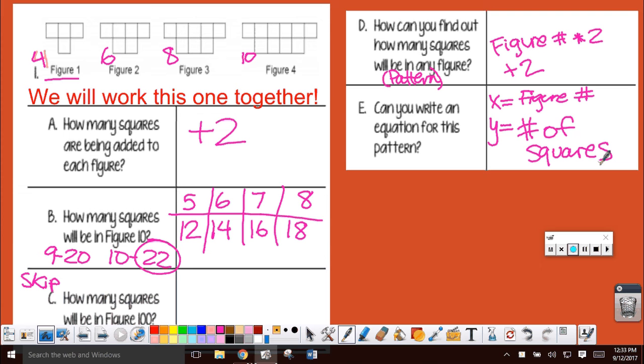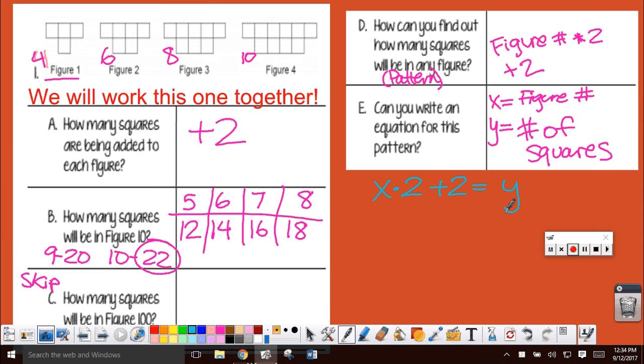Okay, so now let's translate our pattern, because an equation is just a pattern, right? It's a rule, but it's just really mathy, more or less. Okay, so let's take our pattern and translate it into an equation. Okay, so I'm going to write figure number, which is x, times 2 plus 2 equals y.